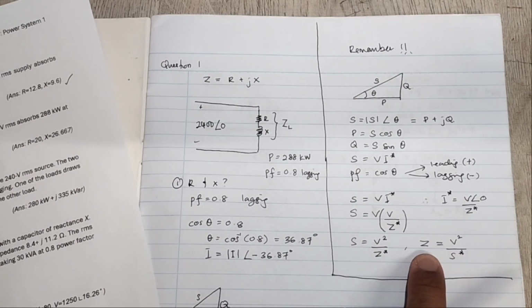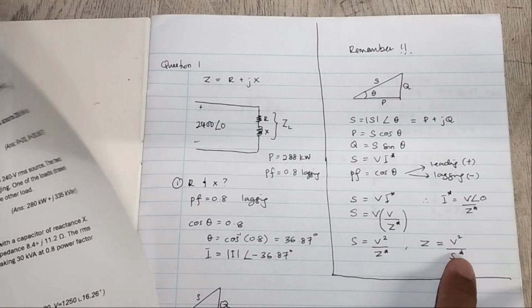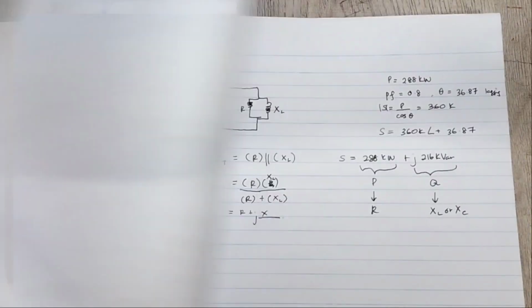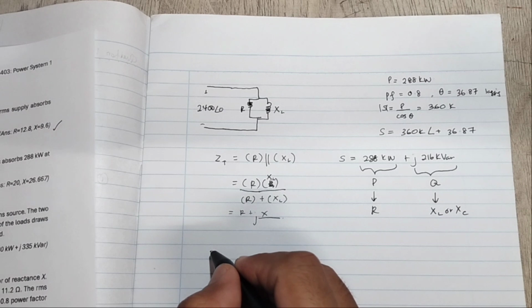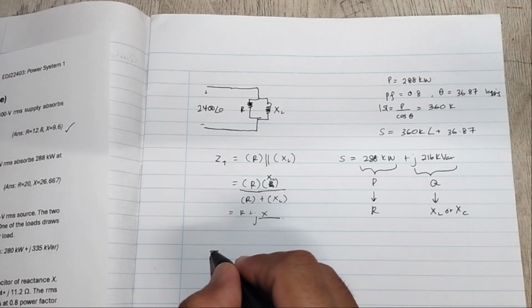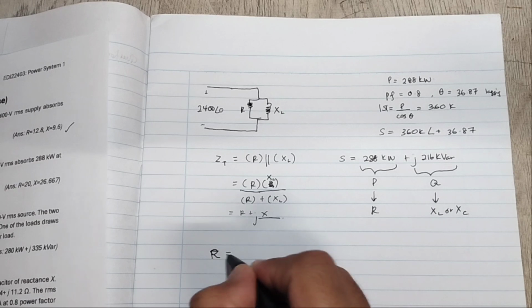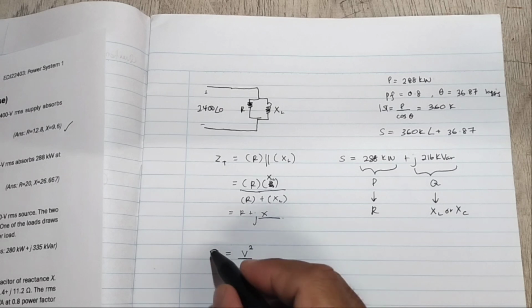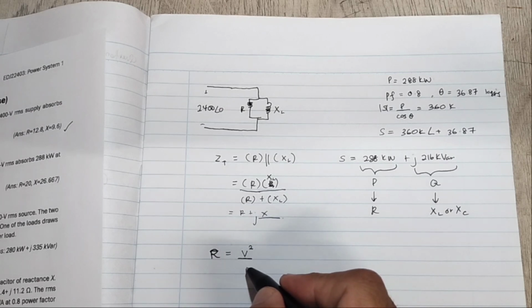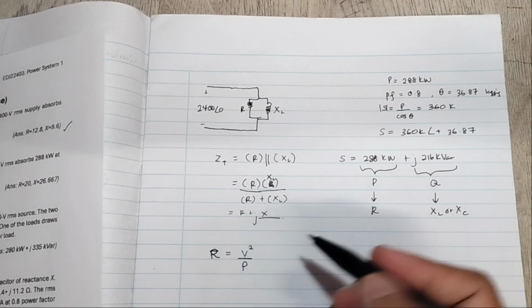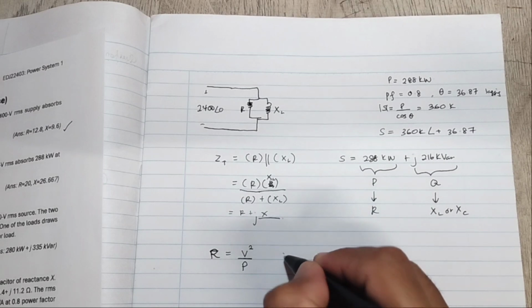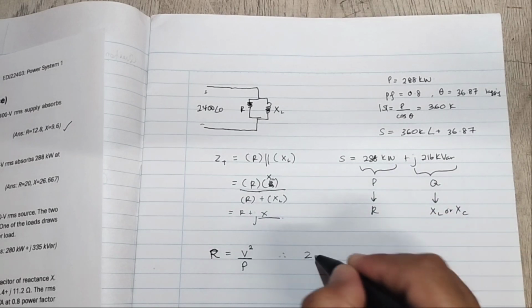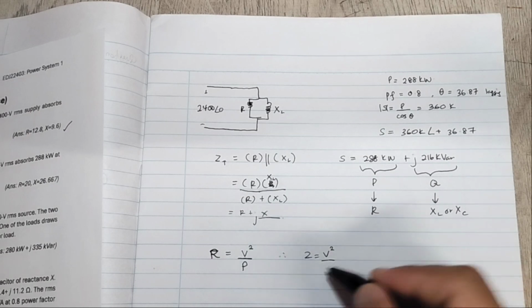This one, Z is equal to V square over S, right? So for this question, actually Z tu boleh kita tukar dengan R. R is equal to V square over tadi S kan, Z, S, R, mestilah P lah, S. This one is come from Z is equal to V square over S conjugate, right?